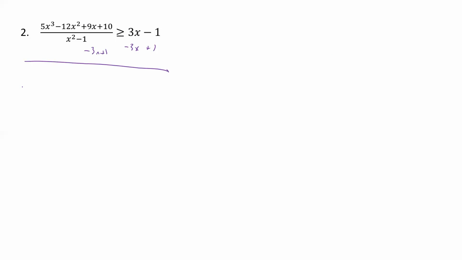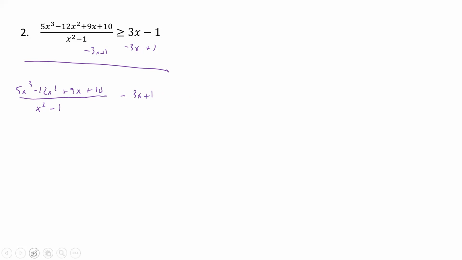So now we have that big thing, 5x cubed minus 12x squared plus 9x plus 10, all over x squared minus 1. Then we have minus 3x, and then we have also plus 1. Well, actually, let's take that minus 3x plus 1 as a whole thing. So we'll do it like this.